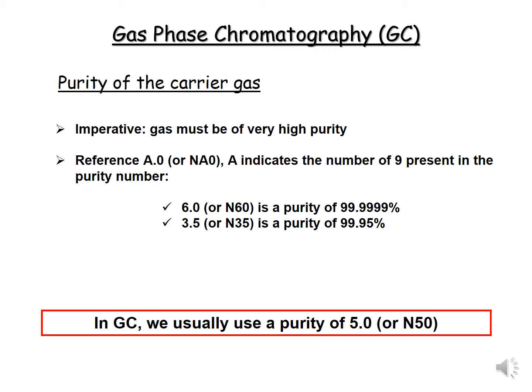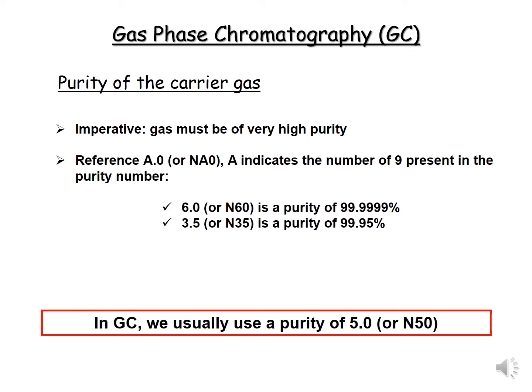And for that, we have some reference grades for gases. The reference is like this, for example, A.0 or NA0. A indicates the number of nines present in the purity number. So for example, we have a 6.0 or N60. For that, the purity is 99.9999%.